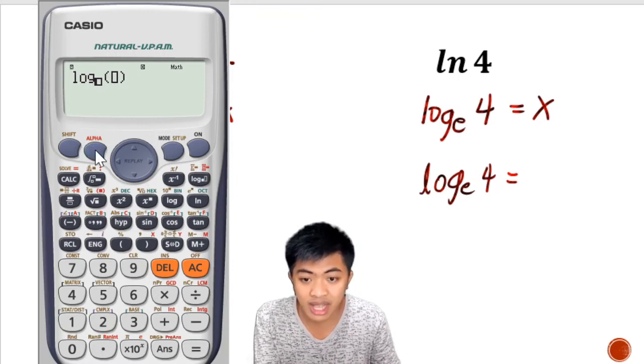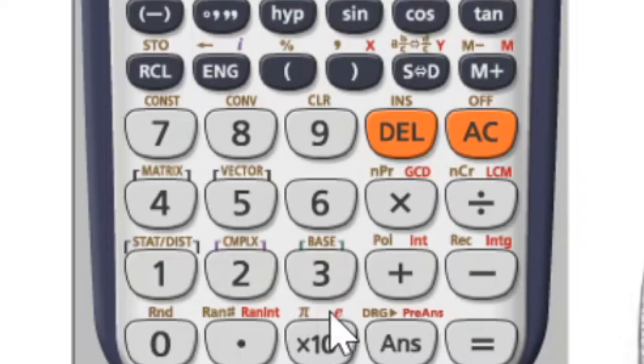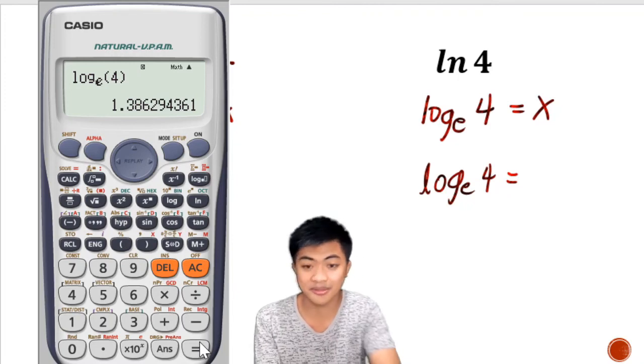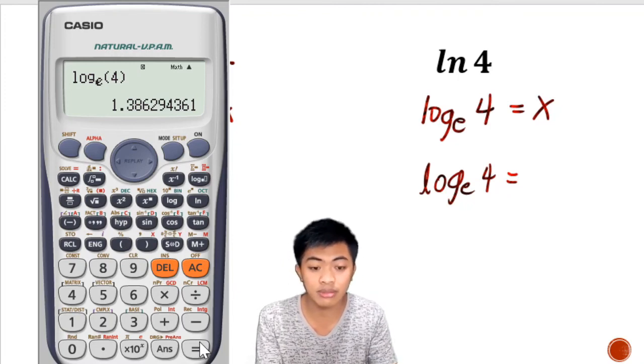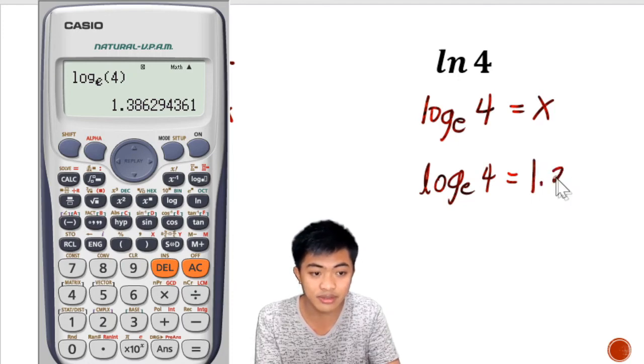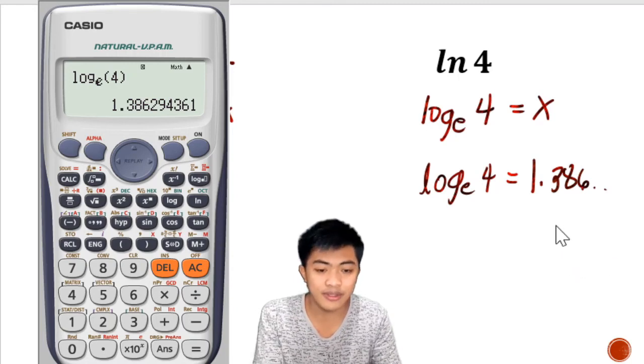So I'll press alpha and I'll look for e. Usually it is in red and it's located here. So yun na siya si e. And then I'll input 4. And I'll press equals. And so that is the answer. Logarithm of 4 to the base e is 1.386 and so on. So that is how we evaluate natural logarithms.